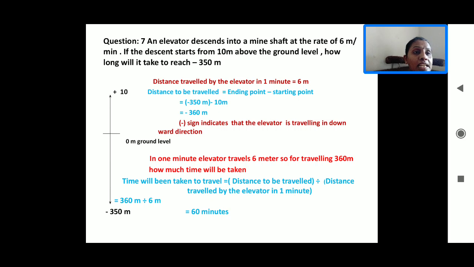So 360 divided by 6: 6 sixes are 36, so our answer will be 60 minutes. So from 10 meters above ground level to reach 350 meters below the ground level, the elevator will take 60 minutes. That means 1 hour.